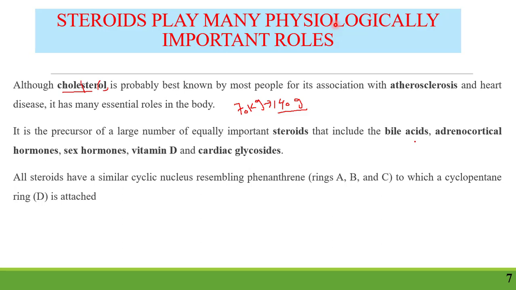In bacteria and plants, compounds similar to steroids exist, known as hopanoids. Cholesterol was isolated from a gallstone in 1758, and cholesterol was characterized in the 18th century.